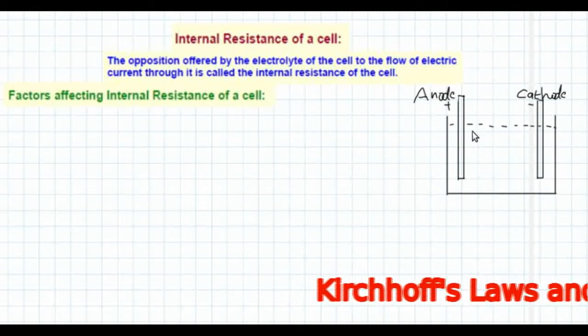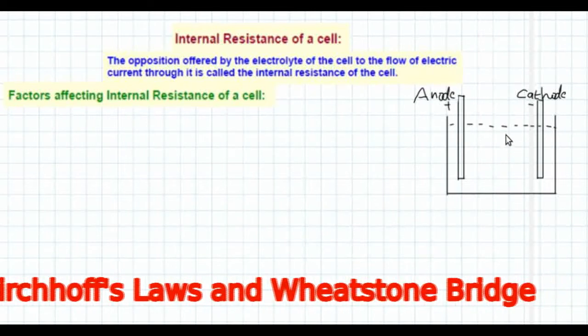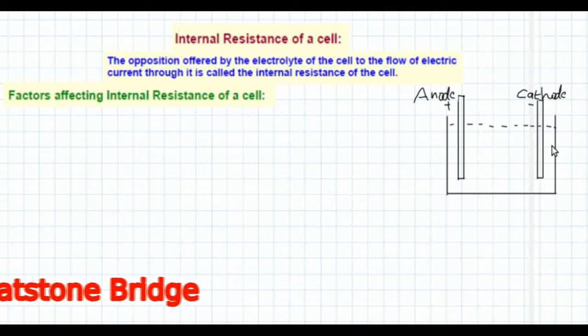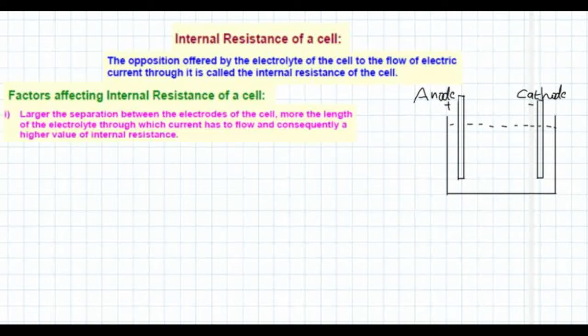Some kind of chemical reaction will take place in the electrolyte here, and ions will be liberated, and these ions will go to the respective electrodes. So this is the fundamental part of a chemical cell. This we have already learned from our elementary classes.